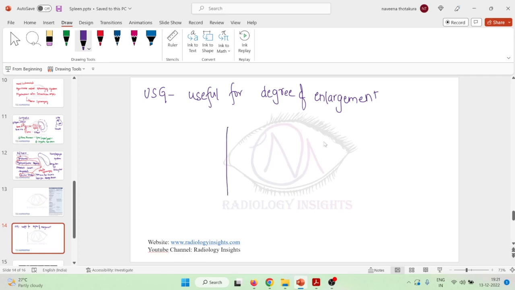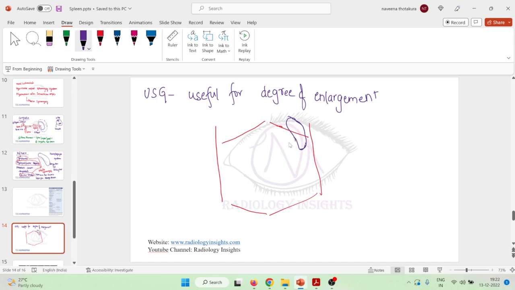The spleen is located in the left upper quadrant, beneath the 9th, 10th and 11th ribs.